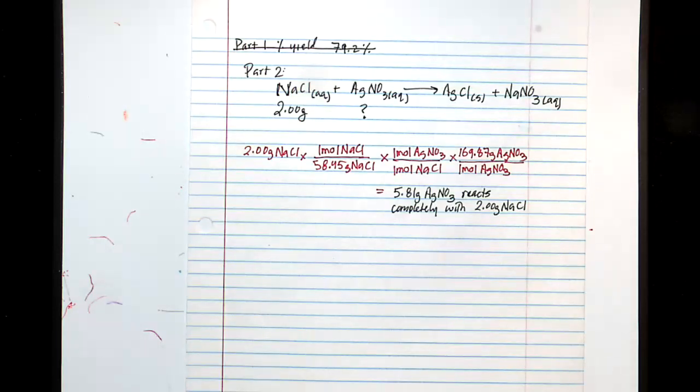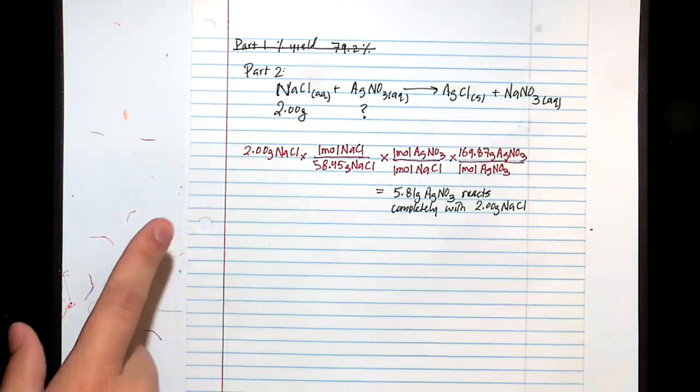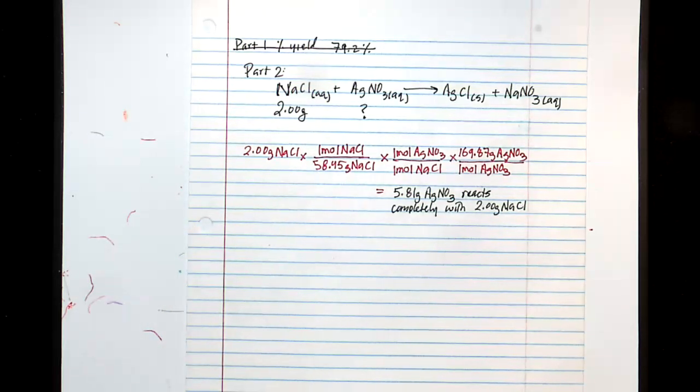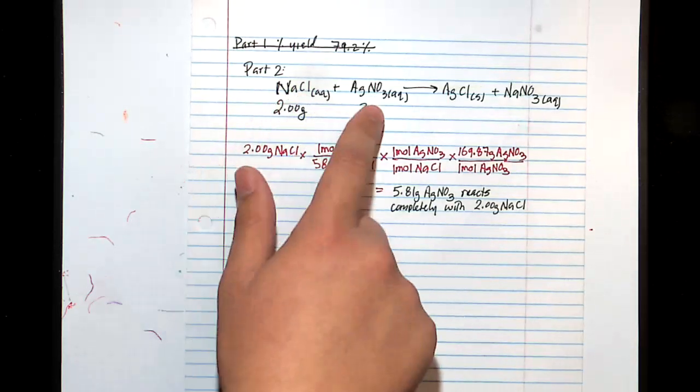How I had originally done it was converting the 2 grams of NaCl to moles, to find out how many moles 2 grams was. Correct. And what I figured, and correct me if I'm wrong, is that we need to have the same moles, not necessarily the same grams, because the moles will weigh out differently between the 2 different reactants.